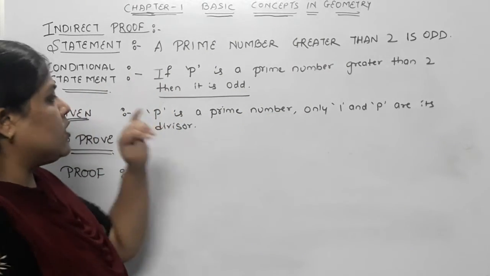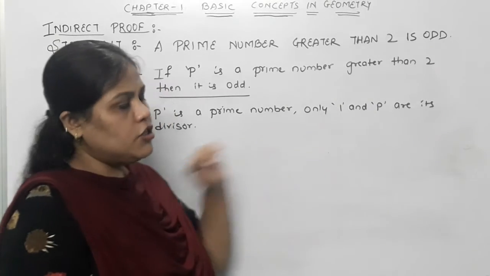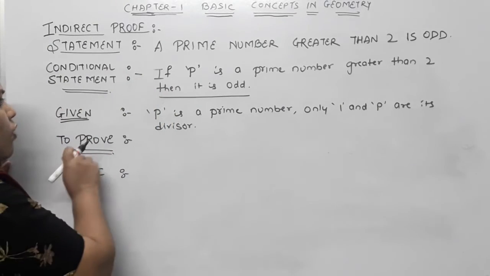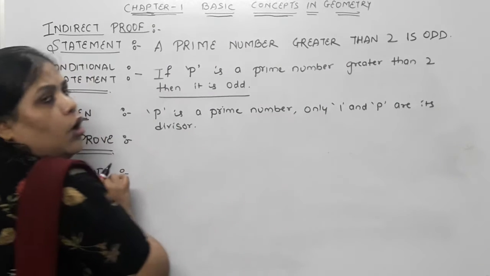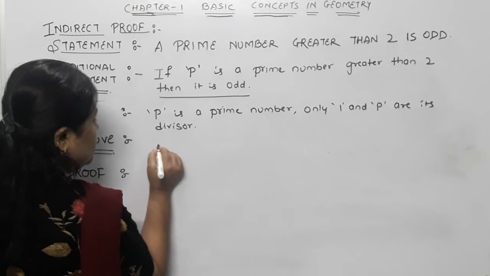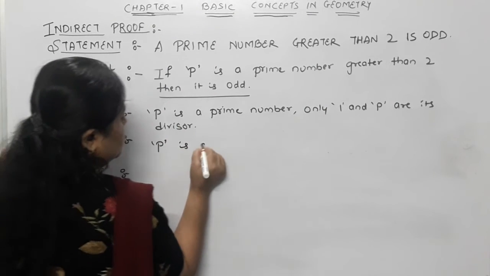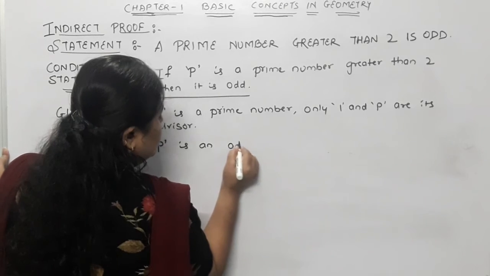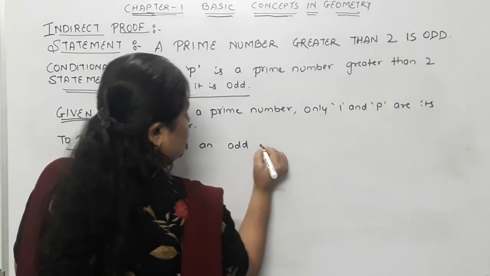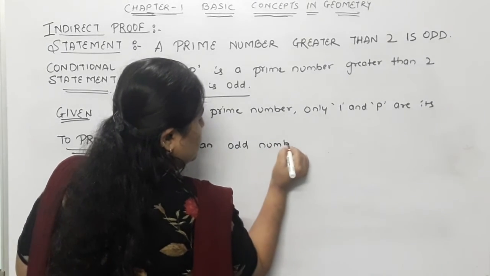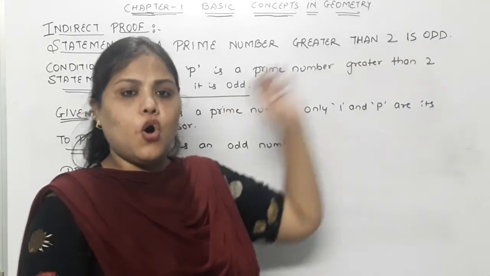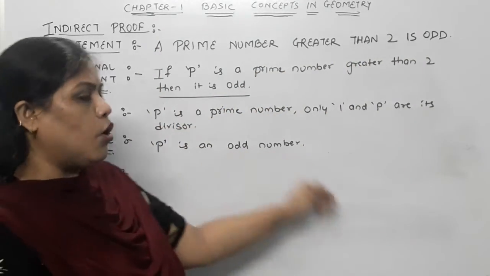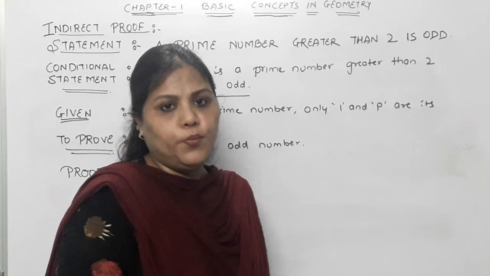So here P is divisible by P and 1. This is given. Now what we have to prove is P is an odd number. Right? A prime number greater than 2 is odd. So P is an odd number that we have to prove.